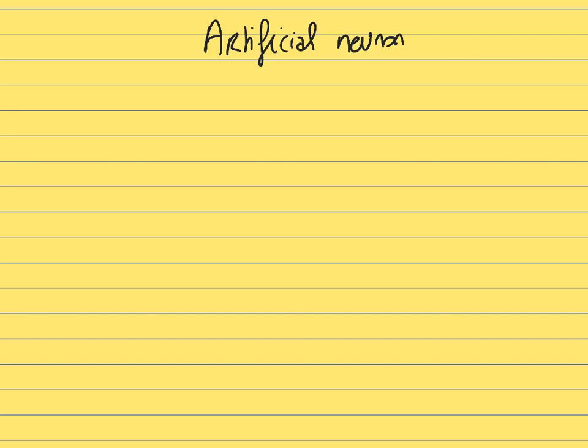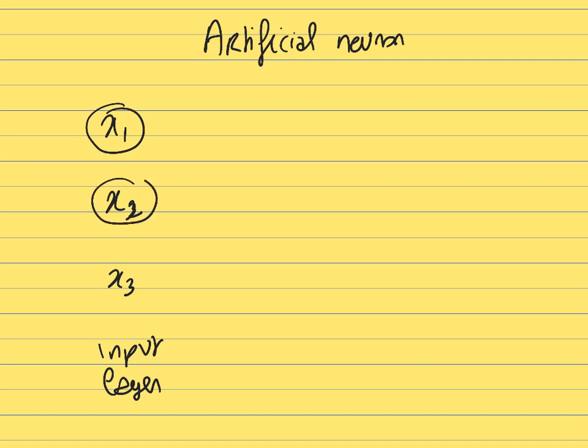So let's assume that you have three features like this in the previous layer, which in this case is the input layer. This is the layer that is just before the neurons that we are considering. So each of those inputs is a different neuron. So you have as many neurons as you have features.